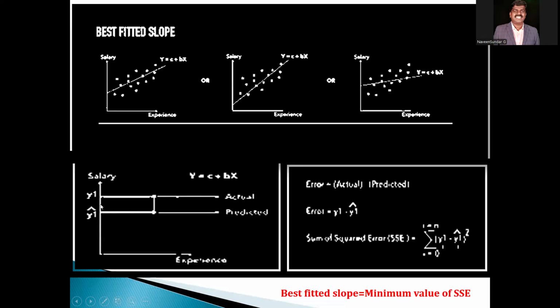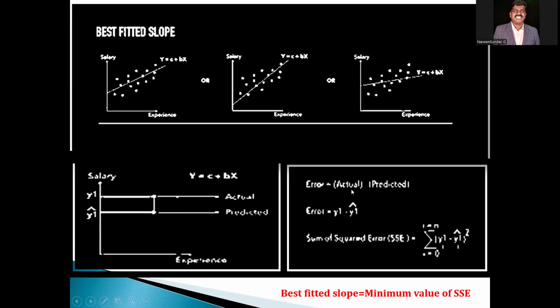Y is, as I told you, the actual data point value, and y cap is the predicted value. Why are we using yi and yi cap? Because y has many values, each and every value starting from 1 to n, so according to that we put it here.